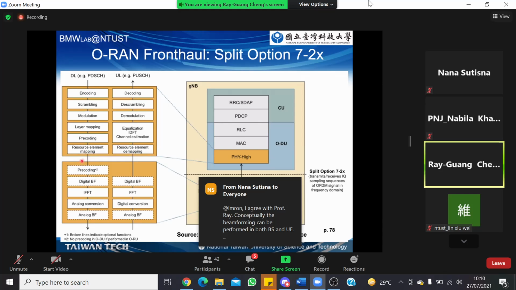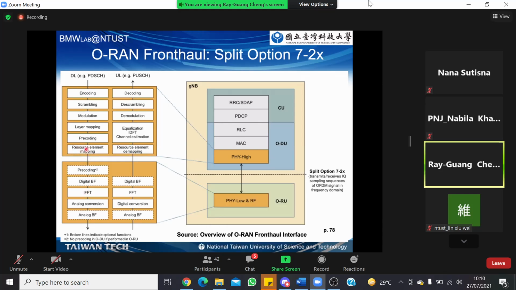So the high-PHY and the low-PHY are separated by resource element mapping. In our references, we have a paper from NTT Docomo. The title of the paper is Overview of ORAN Fronthaul Interface. You can see all the detail we mentioned today in this paper.